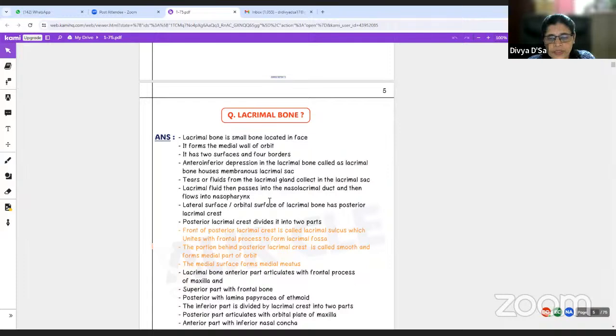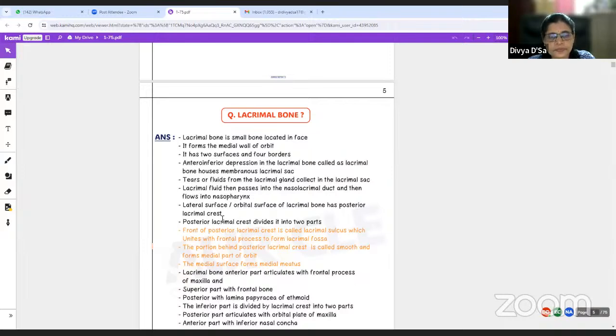Usually the tears, the secretions produced by the lacrimal gland, are collected in that lacrimal sac. The lacrimal fluid passes into the lacrimal duct and then opens into the nasolacrimal duct, and it actually opens into the inferior meatus of the lateral wall of the nose.